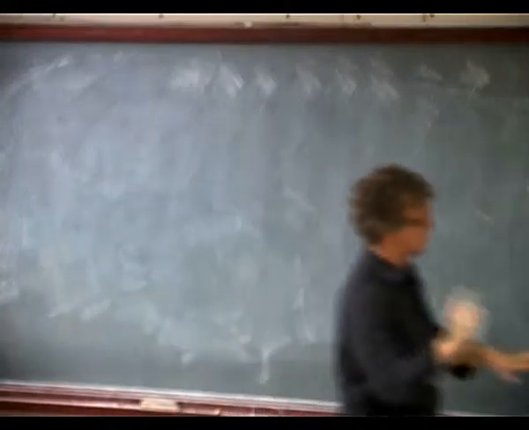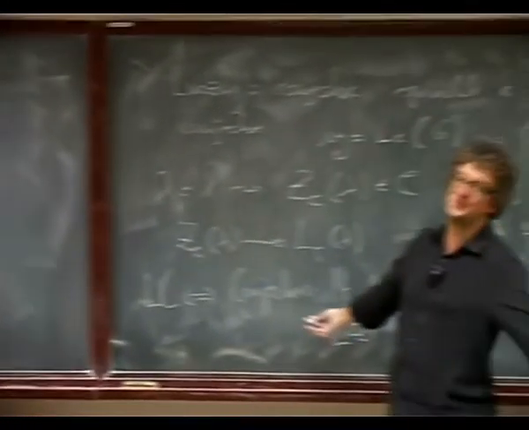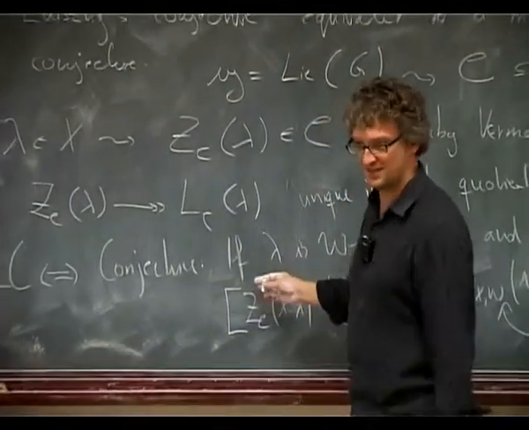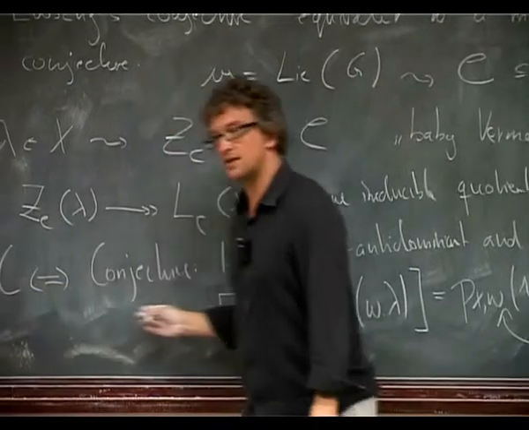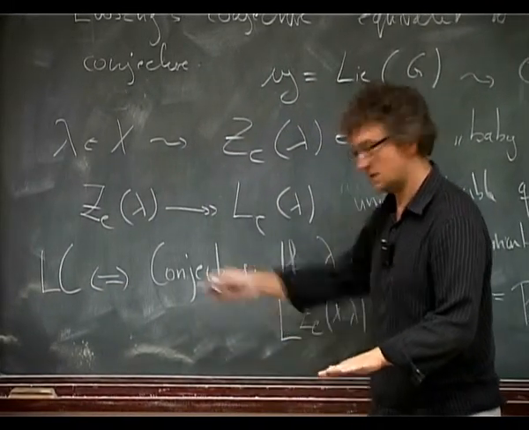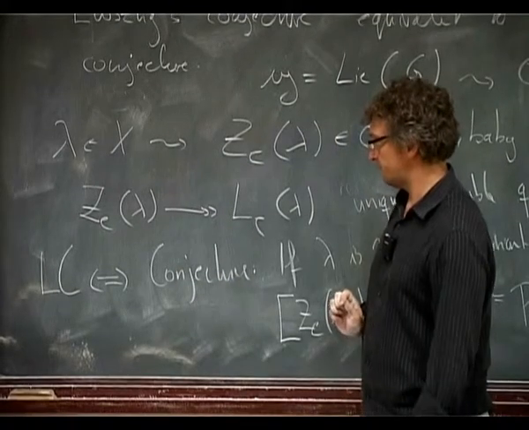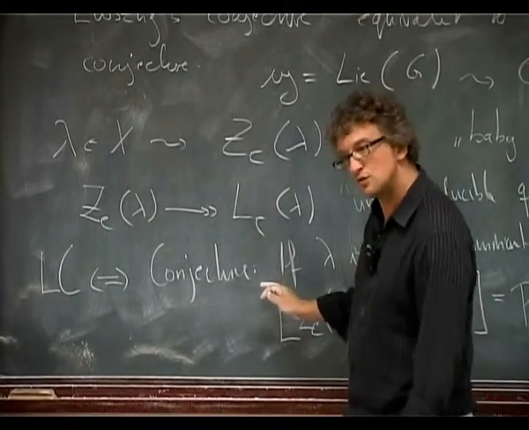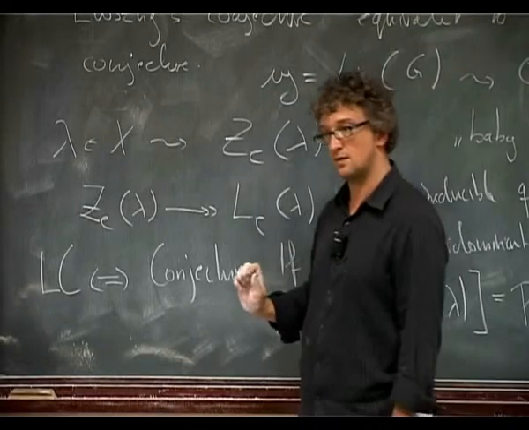Positive number also. Yes, same restriction. I shouldn't write this as a conjecture anymore because it's not true. But the hope was, the original Lusztig conjecture had the same assumption on the characteristic. That was equivalent to this conjecture also for a characteristic bigger than the Coxeter number.